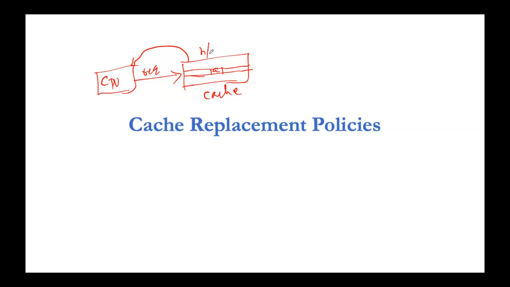If there is a miss, then the request to the cache is forwarded to your main memory.